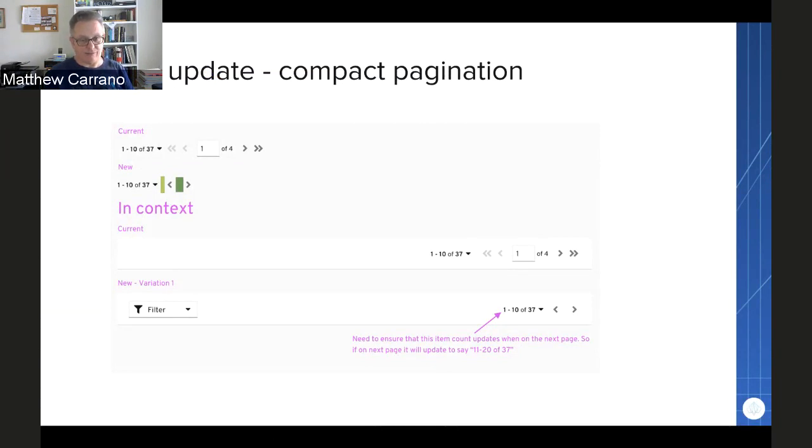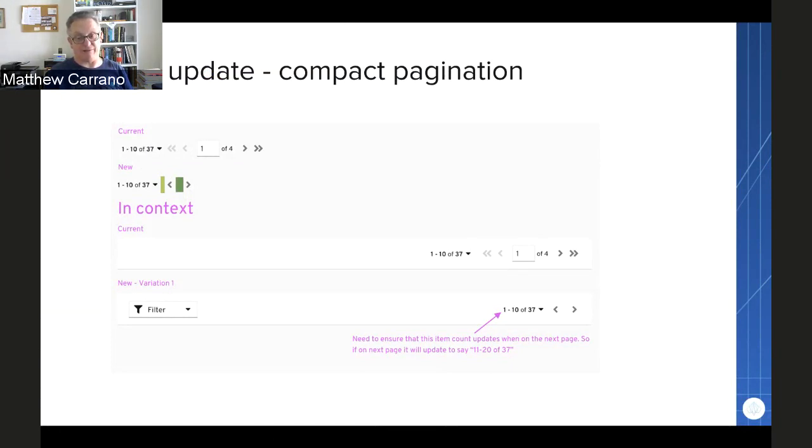And when our team started using this in the context of a toolbar, it became clear very quickly that this just takes up a lot of horizontal space. So we're basically introducing a compact version of the pagination, which is shown below.